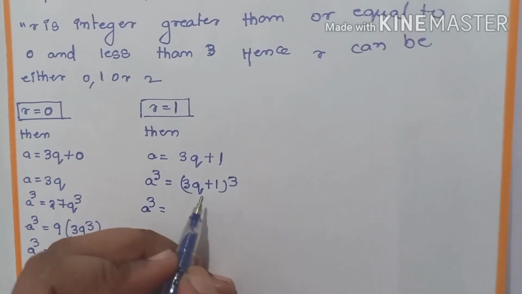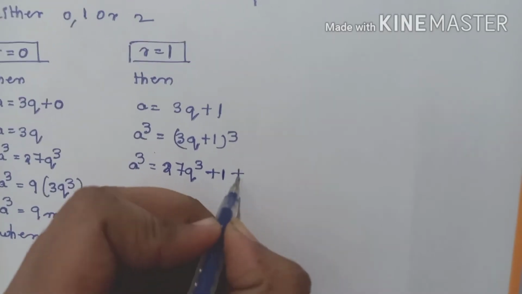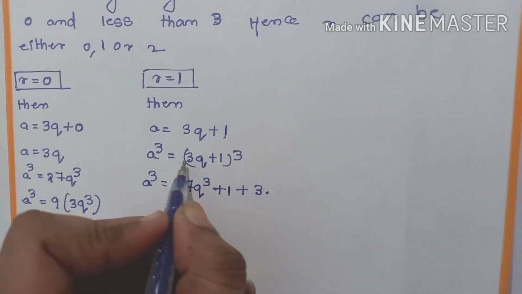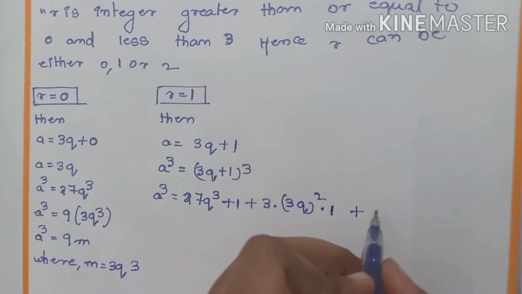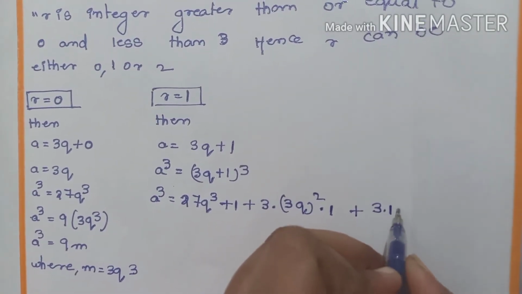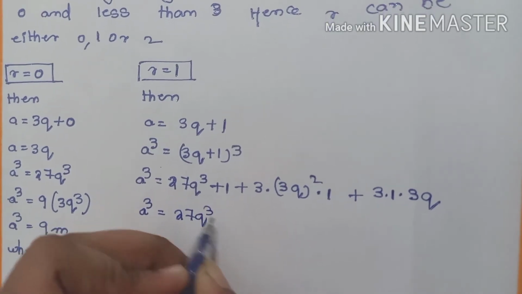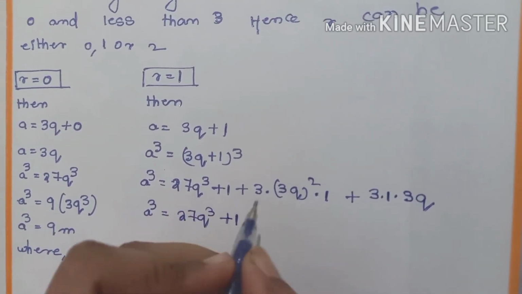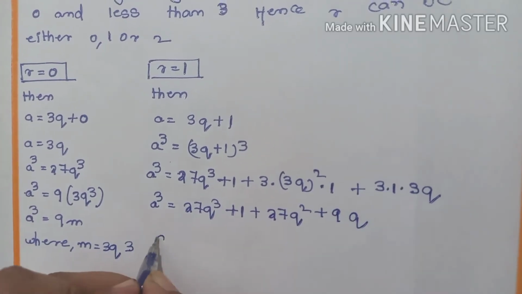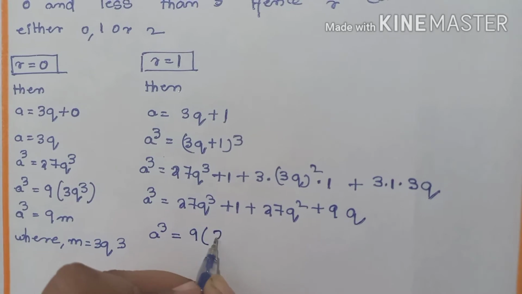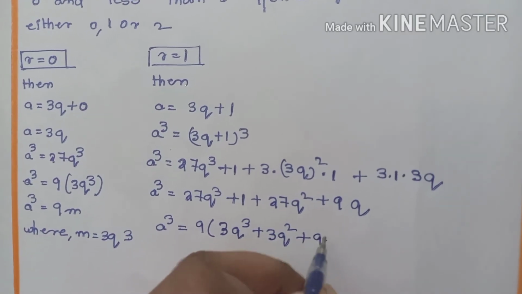This is of the form a plus b whole cube: a cube plus b cube plus 3 a square b plus 3 b square a. Here a is 3q and b is 1. So a cube is 27 q cube, plus 1, plus 3 into 9 q square into 1, that is 27 q square, plus 3 into 3q, that is 9q. Now taking 9 common, a cube equals 9 into 3 q cube plus 3 q square plus q, plus 1.